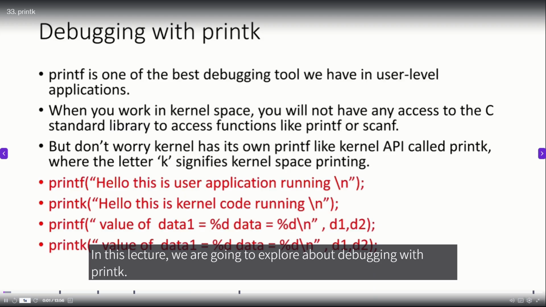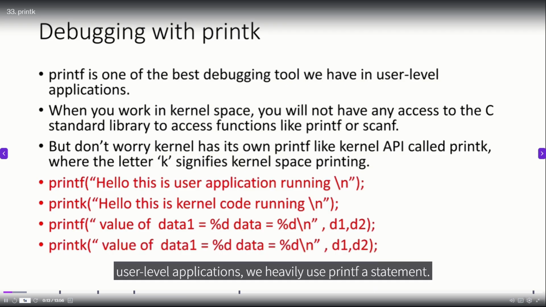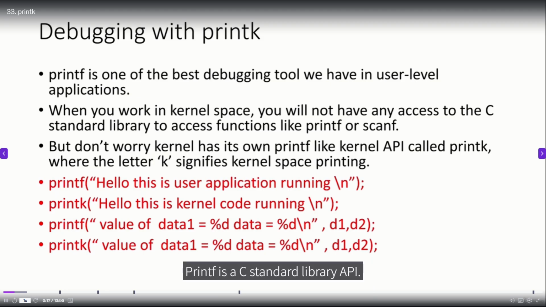In this lecture, we are going to explore debugging with printk. Printf is one of the best debugging tools that we have in user-level applications. When we write user-level applications, we heavily use the printf statement. Printf is a C standard library API.